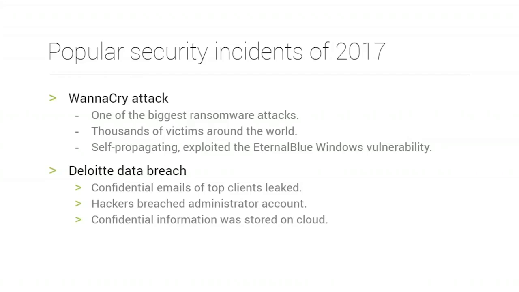So the point I'd like to make here is, if a company which is among the big four consulting companies of the world can have security loopholes like this, it just follows that any company is liable to have them as well. So no matter how careful you are, it is quite natural and likely that there are always going to be security loopholes somewhere in your network.